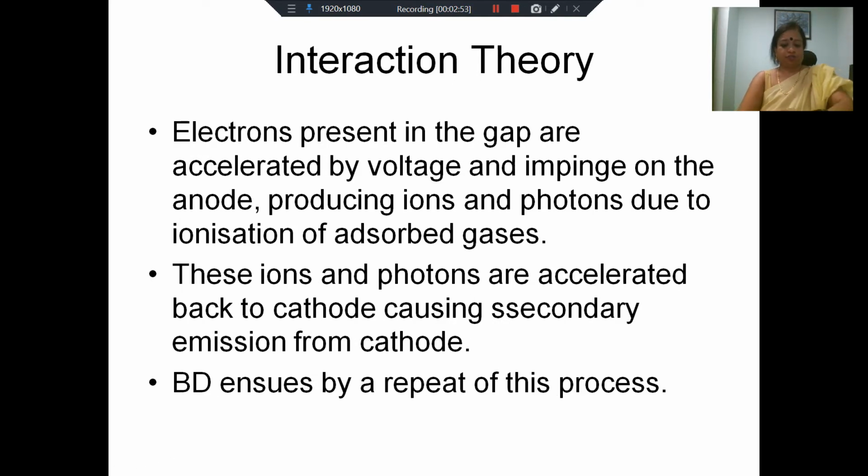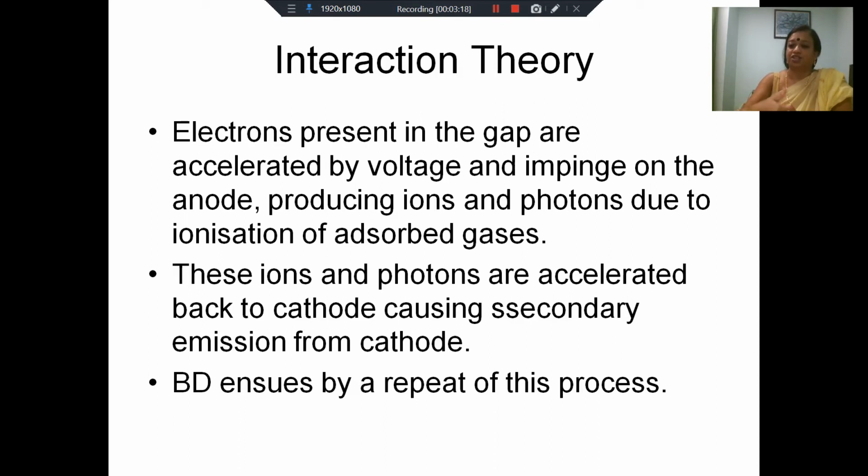Then you have what is called the interaction theory. In this, you already have some electrons present in the gap. As we have seen, we do not have perfect vacuum, so some electrons might always be present, and these electrons are accelerated by the voltage. They reach the anode, they release photons, they release ions due to ionization of the adsorbed gas.